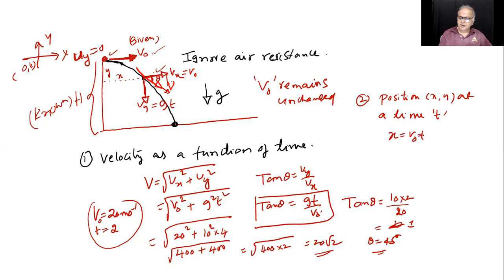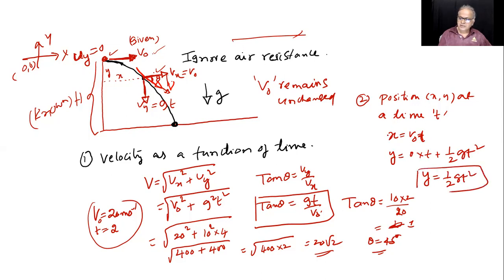No half at square term here because there's no acceleration in this direction. Do you all follow? And Y equals, there's no velocity in the downward direction, 0 into t plus half g t square. So Y equals half g t square. So X is V0 into t, Y is half g t square.